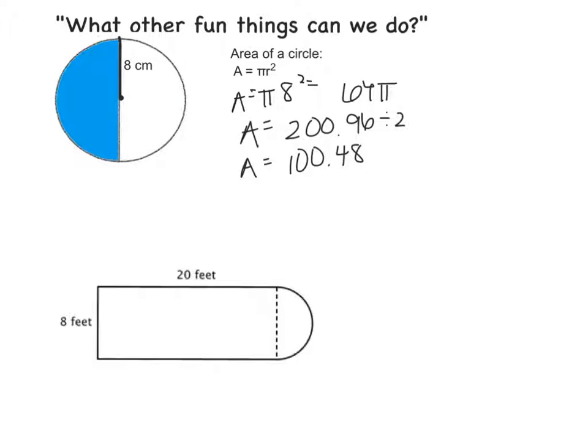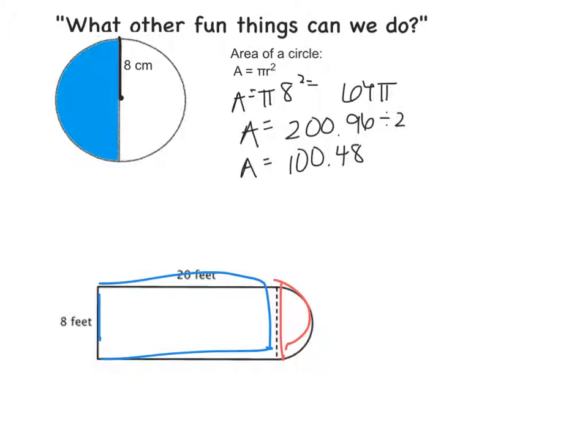Since you know how to find the area of parallelograms like a rectangle, you could find the area of shapes like this below, which are irregular, right? Because all you would have to do is find the area of the rectangle, excuse my terrible outlining, and then find the area of this half circle.